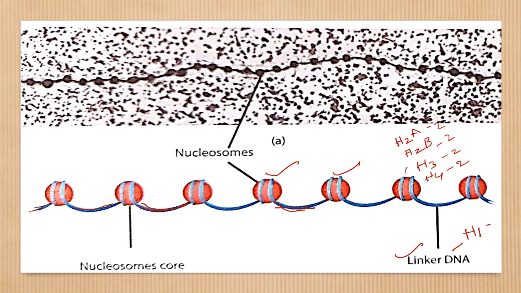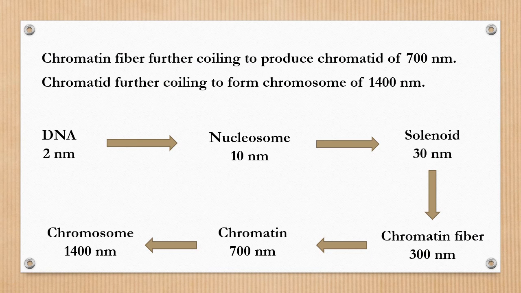As mentioned previously, a chromatin fiber of 300 nanometer further coils to produce 700 nanometers. Now the chromatid further coils to form a chromosome of 1400 nanometers. Now this is the chromosome structure, as you can observe.